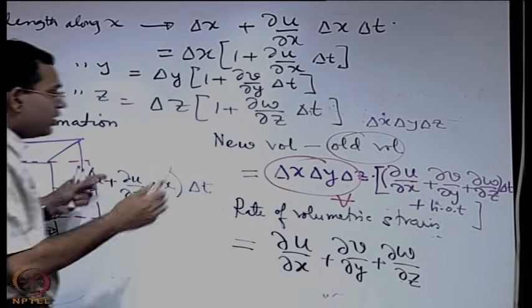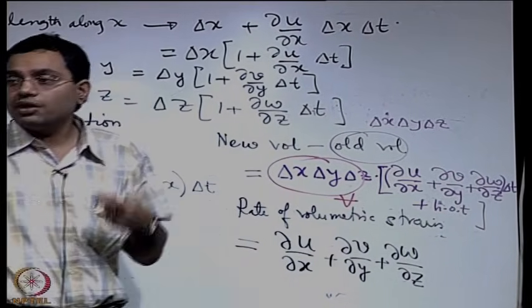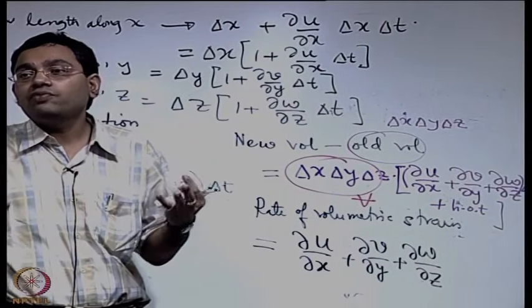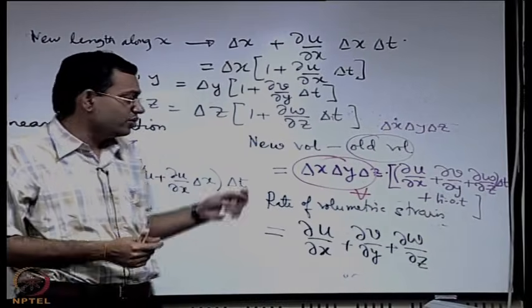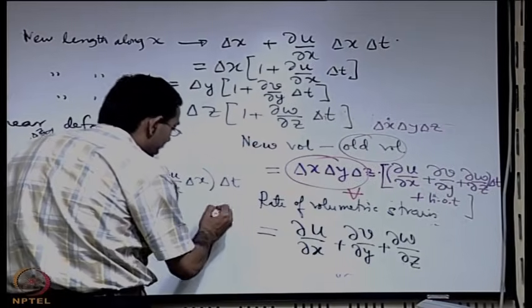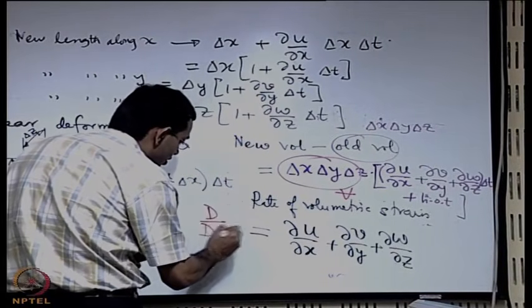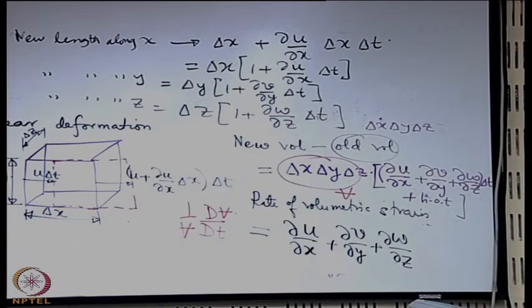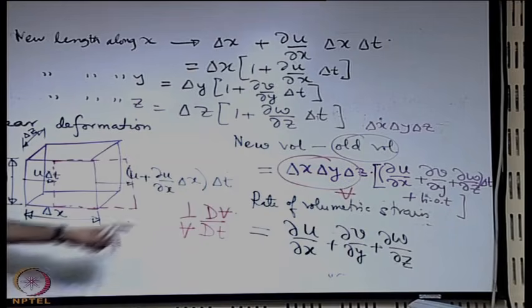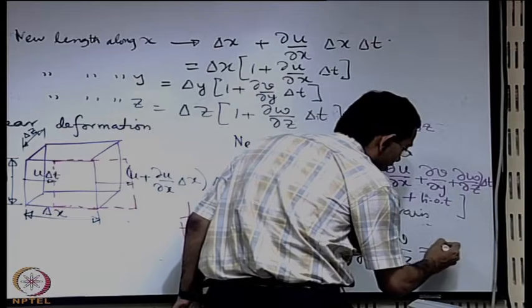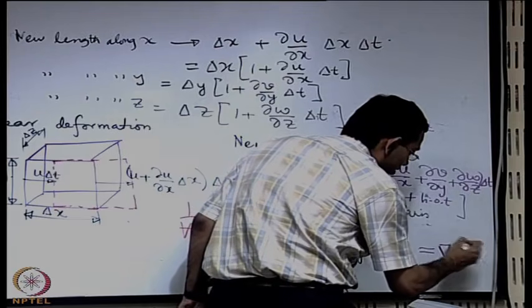So we are not bothered about the individual effect, we are bothered about the total effect, what is the net change in the fluid element volume because of this. So this should be expressible in terms of the total derivative. So it is capital D Dt of the volume per unit volume. So this is the rate of volumetric strain, and in terms of the vector calculus notation you can also write it as the divergence of the velocity vector.